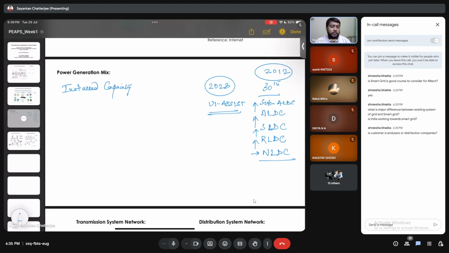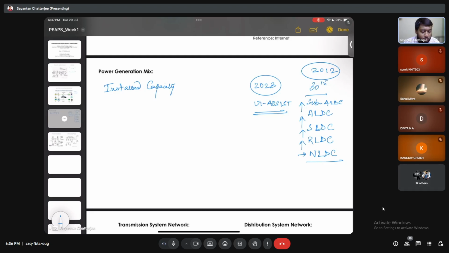Both commercial, residential, as well as industrial, big customers, everyone needs to participate, right? So India is working on smart grids. You can find many research activities from the Indian perspective as well as globally. America, UK, all have many things which are much smarter than India, but India is also growing at a very good pace.